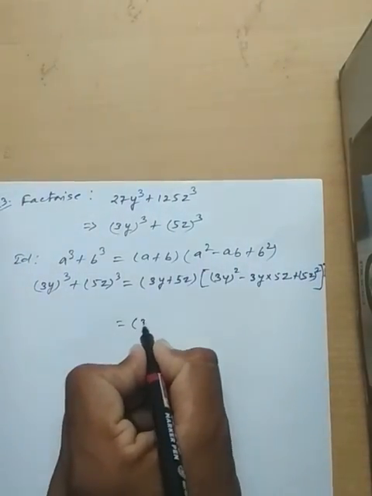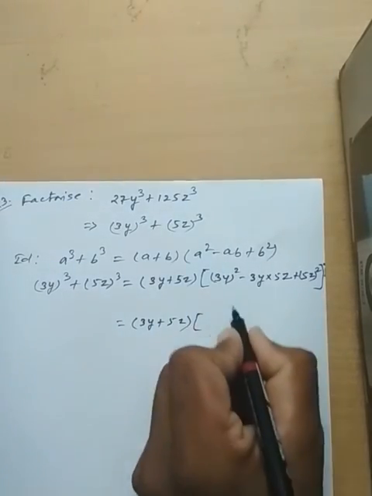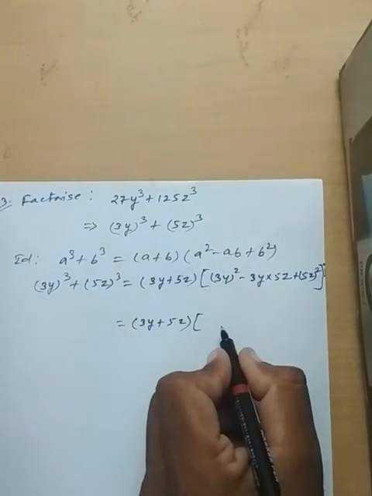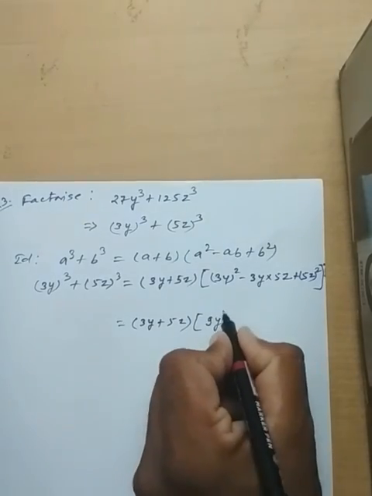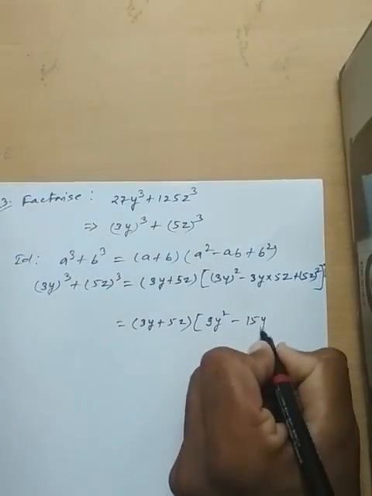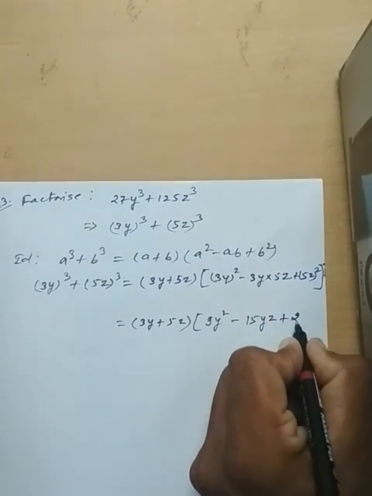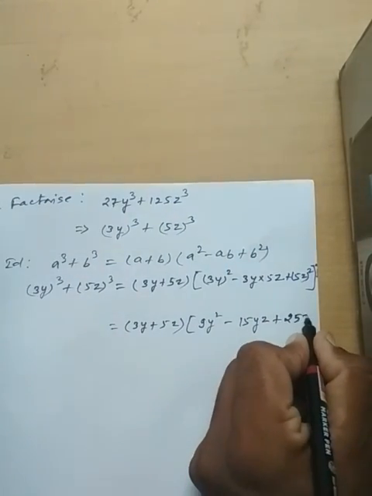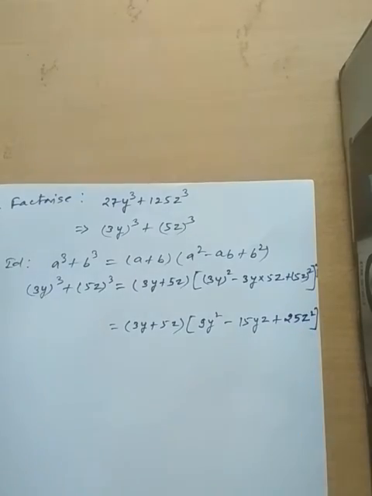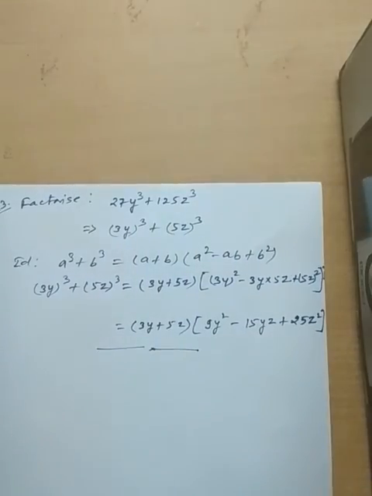In the next step 3y plus 5z is the first factor. In the second factor (3y)² is 9y² minus 3 into 5 is 15yz, and again 5² is 25z². This is the factor of the given question.